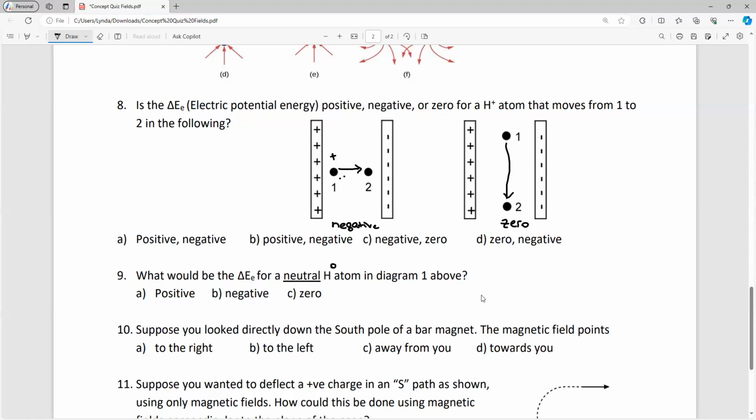So you think that if the charge is positive or negative, it's affected by the electrical field. But if the charge is 0, a neutral object is not affected by the electrical field. So it will be 0.